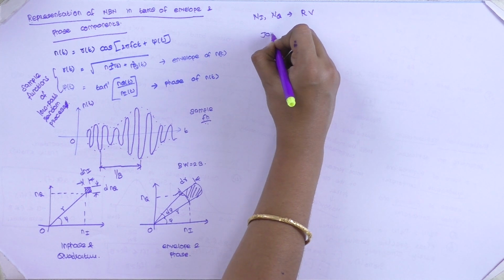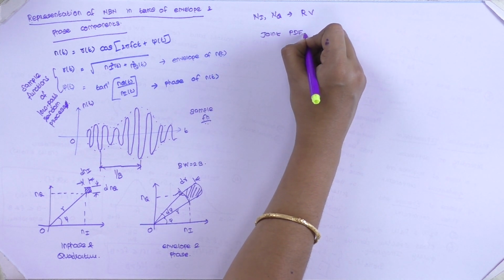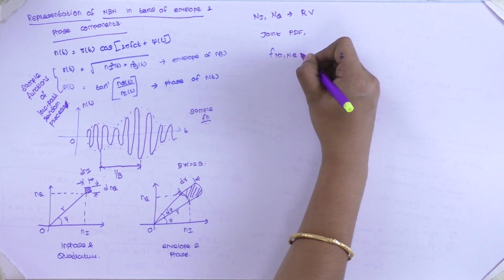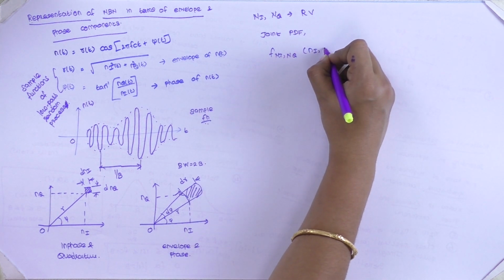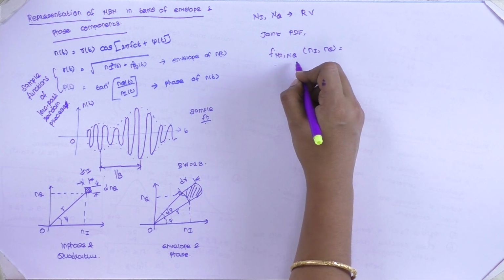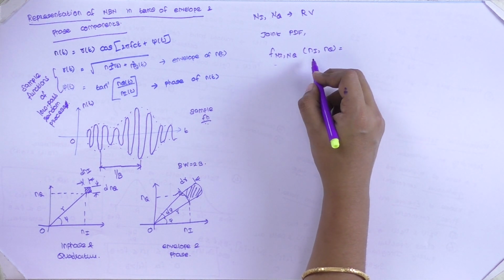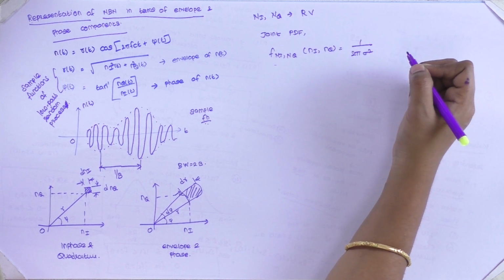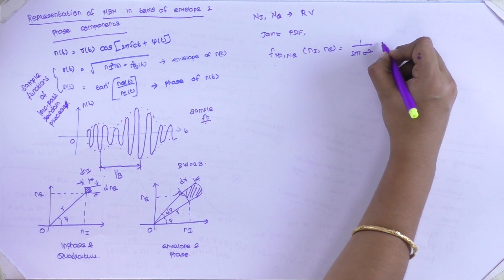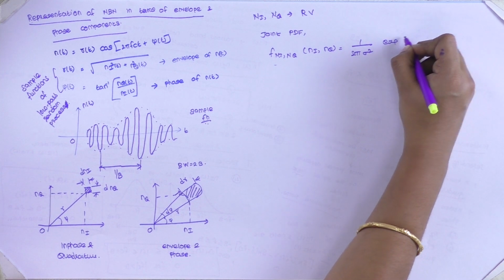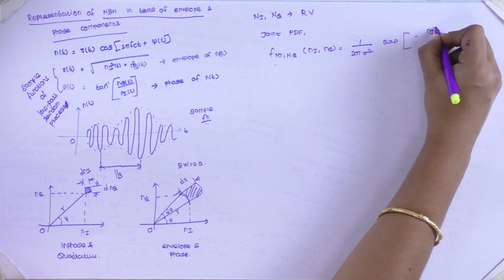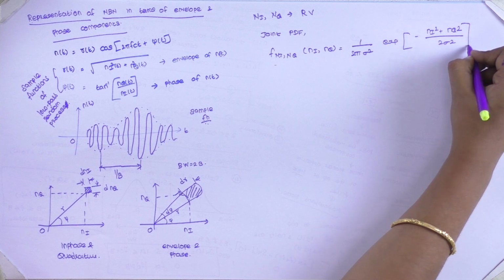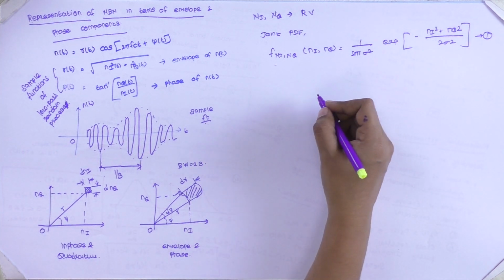Therefore, the joint probability density function of the random variables capital Ni and Nq with respect to small ni and nq, where capital letters are the random variables and small letters are the sample functions, since it is following the Gaussian distribution, is 1/(2πσ²) exponential of minus (ni² + nq²) divided by 2σ², and this is our equation number 1.